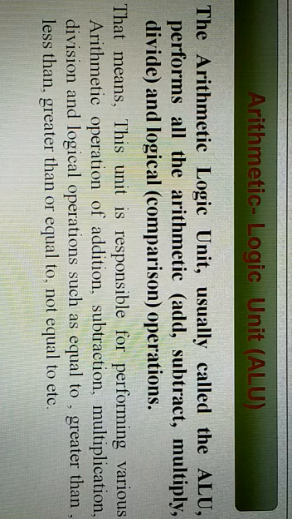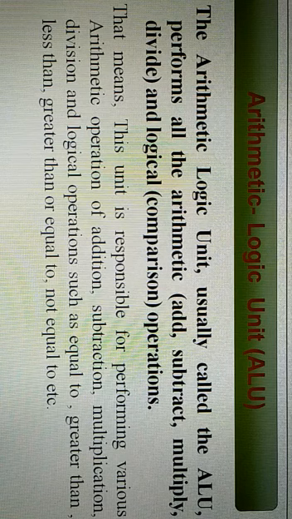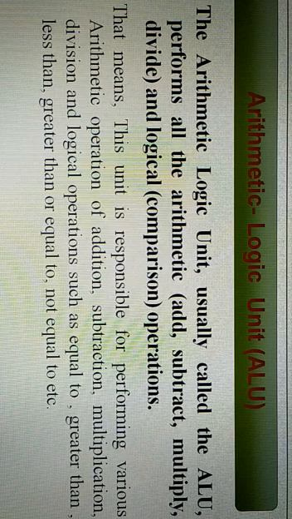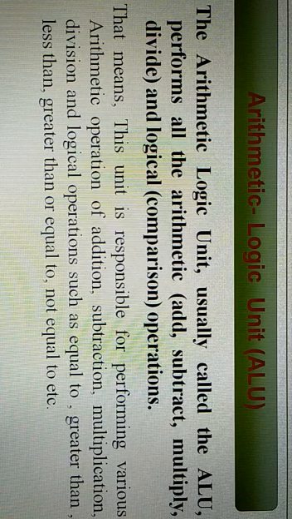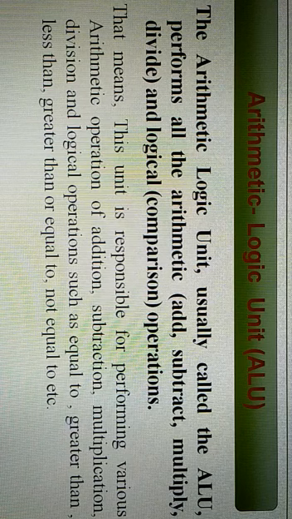So the arithmetic and logic unit's main function is to perform calculations, and how it performs the calculation is decoded by the control unit. We discuss a little bit about the memory unit, because memory unit is a separate topic. That is why we will discuss the memory in detail in the next session.